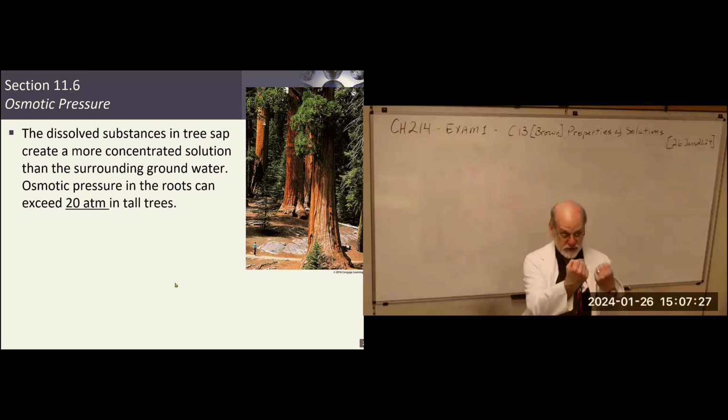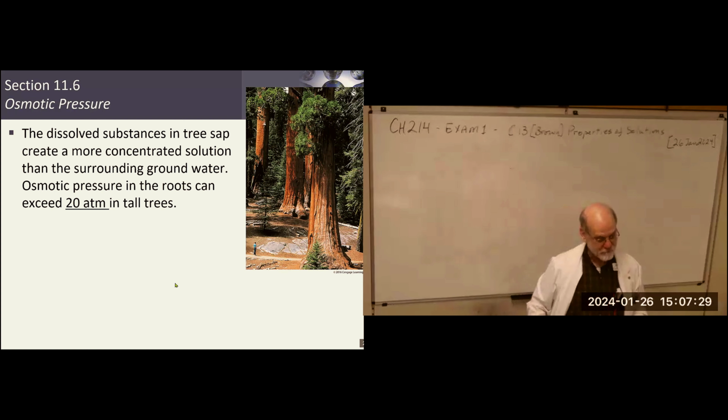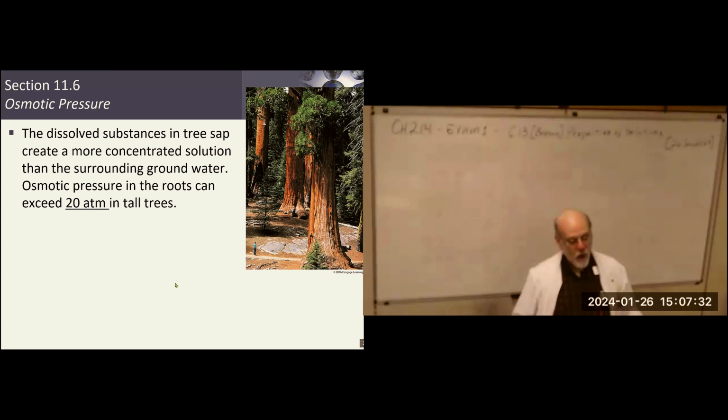That's pushing on that water, right? It's drawing water into the roots from the soil because the concentration inside the roots is higher than it is outside, so the water's moving in. And it can produce an osmotic pressure of 20 atmospheres. Well, the question is, is that enough to drive water to the top? Right, so that's what I'm doing here.